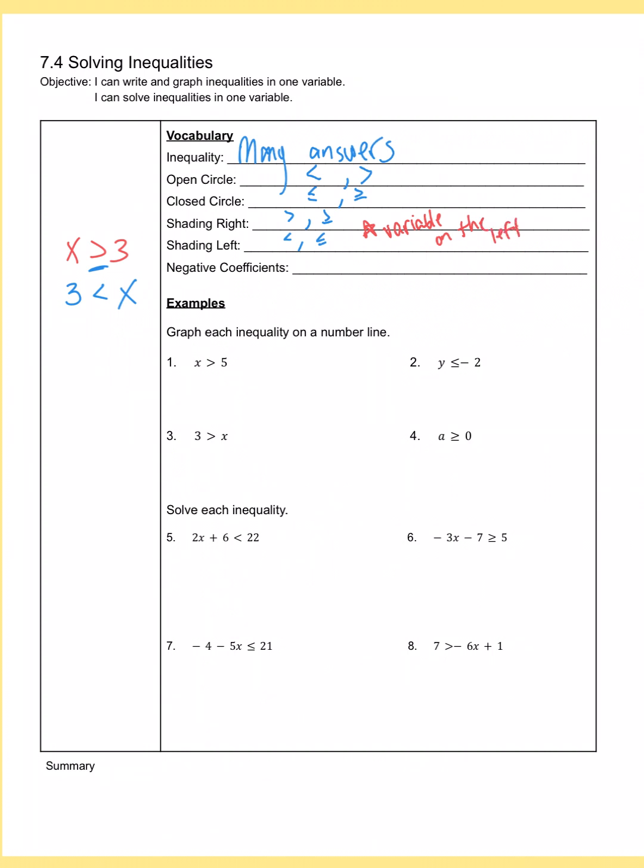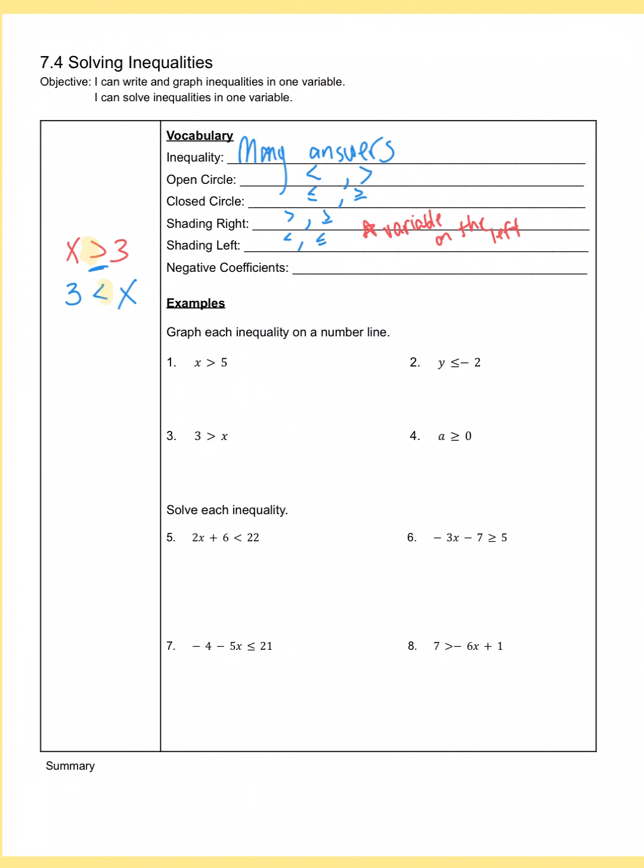If you want to use that rule, when to shade right, when to shade left, you need to have that variable on the left. And if I look closely at these, I'm noticing that this big side faces towards the x in this top one, and in the bottom one, the big side still faces towards the x.